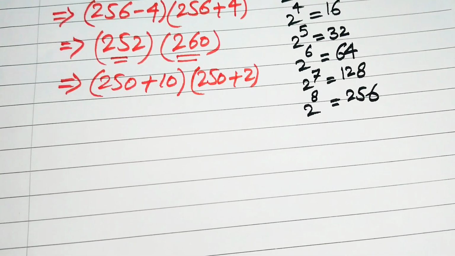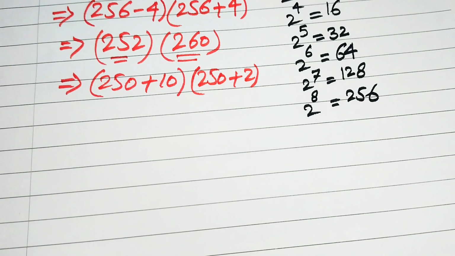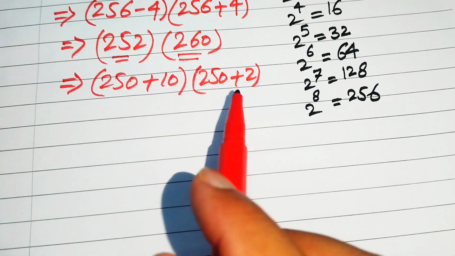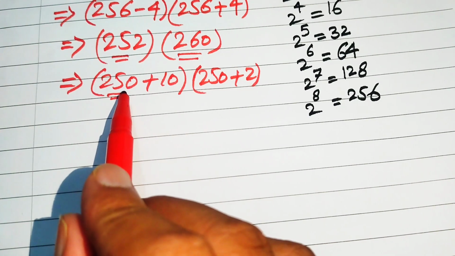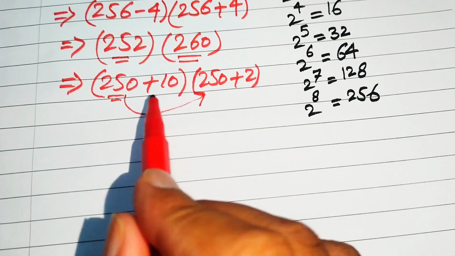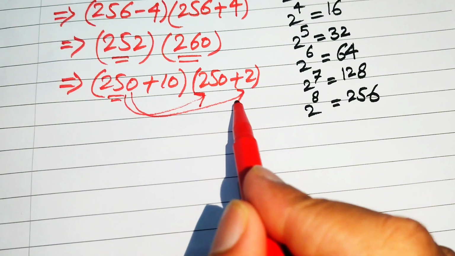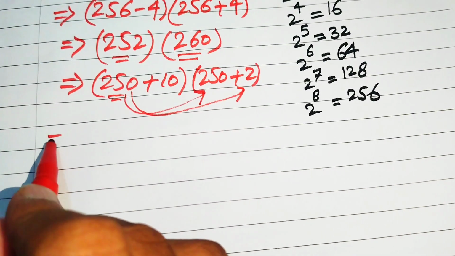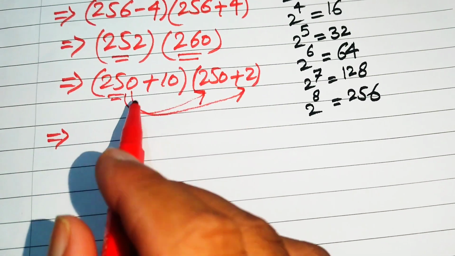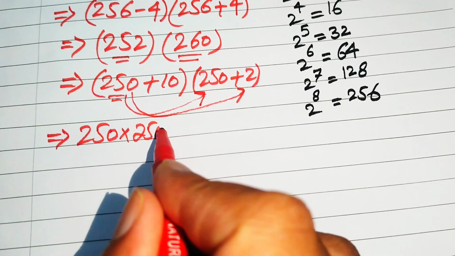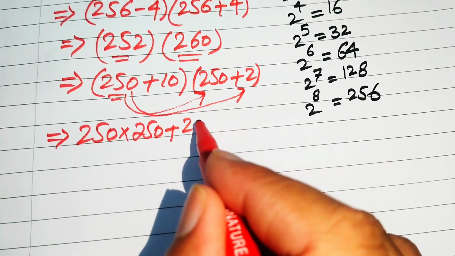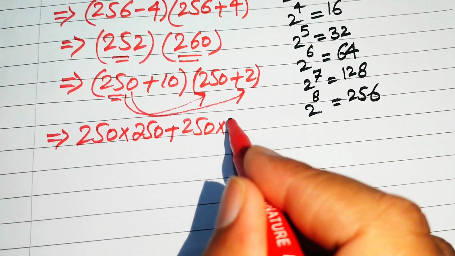Now this will become the simple product of two numbers, so here we multiply these two numbers. First we fix this 250 and multiply 250 by 250, and after that we multiply 250 by 2.